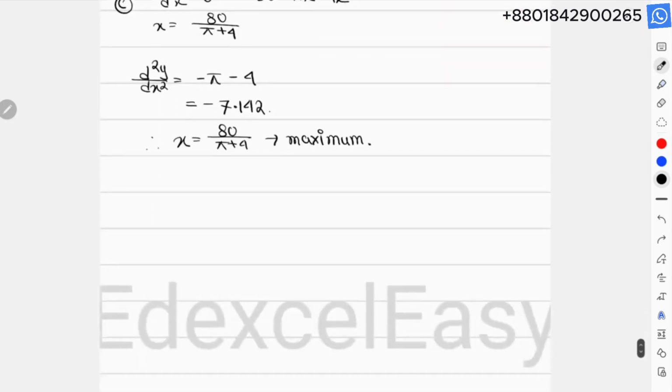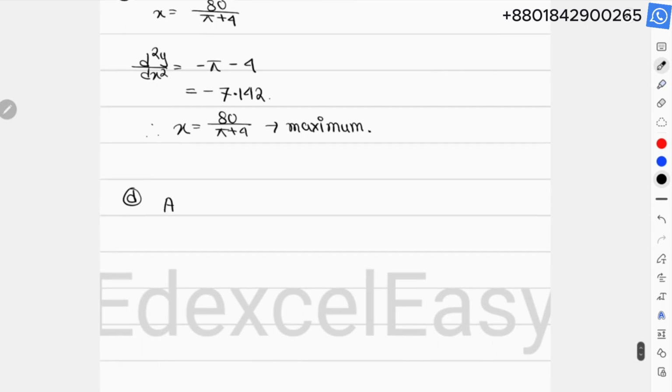So you're just going to input that value for x into the original equation for your area. For part D, you just want to find out the value for area when x equals this 80 over pi plus 4. So for area it was 80x minus (2 plus pi by 2) with x square.